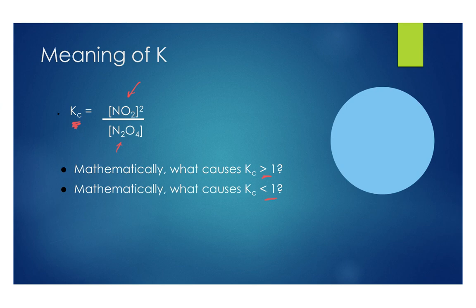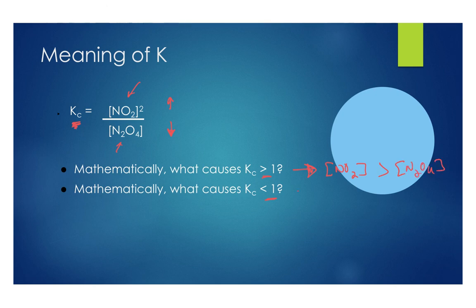Well, hopefully you can see this, right? If I have a number on the top that's bigger than the number on the bottom, then I'm going to have a Kc that's greater than 1. So what does this mean? It means the concentration of the product NO2 is greater than the concentration of N2O4.